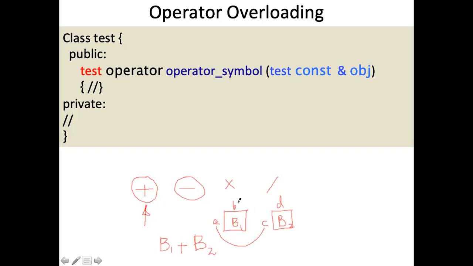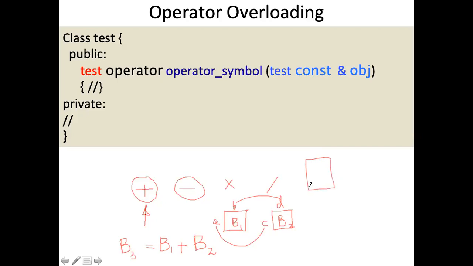I've come up with this definition based on the problem which I'm trying to solve. When I do b1 plus b2, it means that a and c get added, b and d get added, and as a result of this addition I should get another box, b3, with these dimensions.